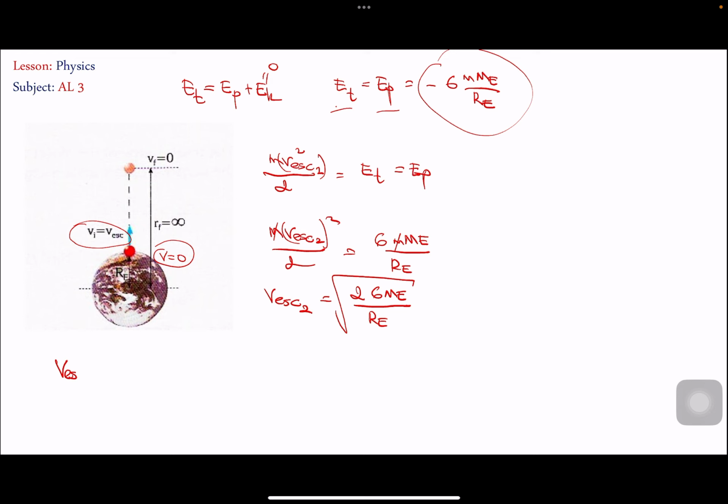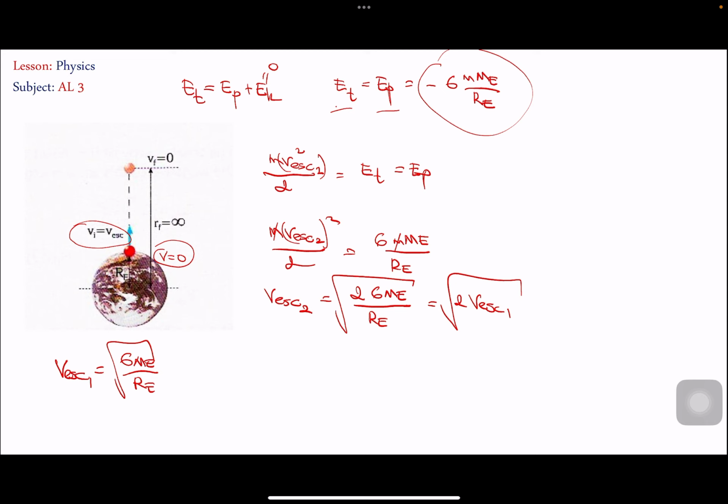We calculated it as G times M_E over radius of Earth in root, but here I have the 2 also. So I can write escape speed 2 in terms of escape speed 1: if I take escape speed 1 and multiply by root 2, I will have escape speed 2.